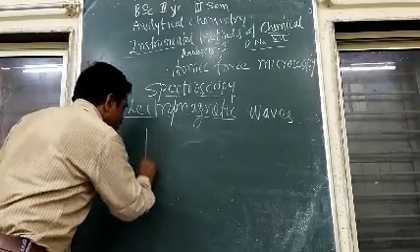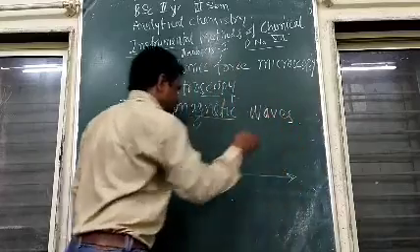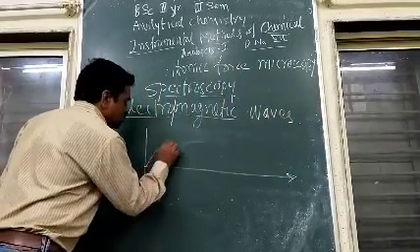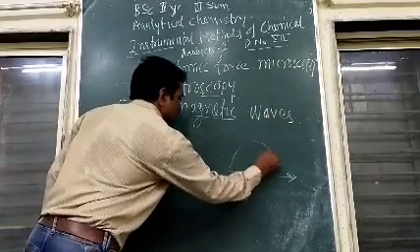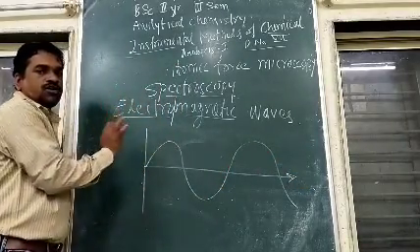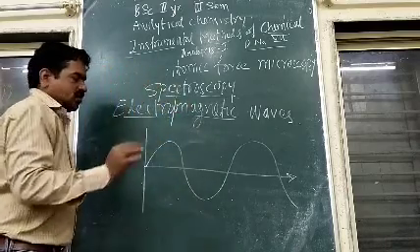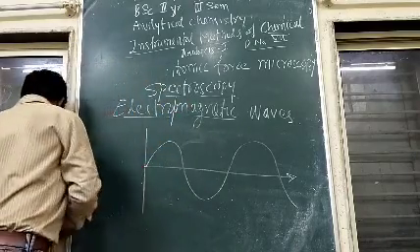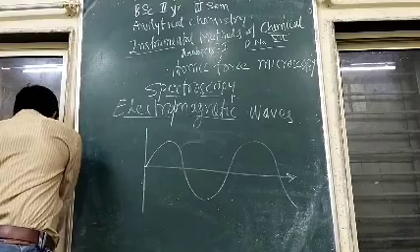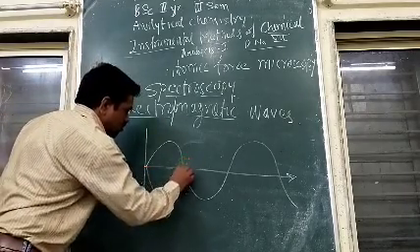So, the electromagnetic wave can be represented in this way. It is the direction of propagation. Say this is the wave like this. We have shown one component. It has two components, electric and magnetic. I show the other by a dotted colored line, another component like this.